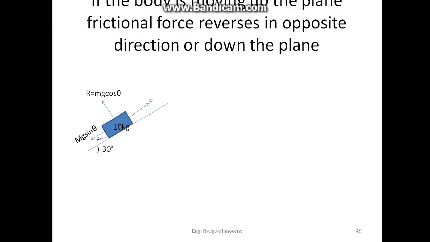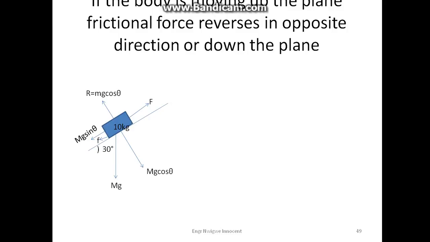The reaction on the plane is mg cos theta, and the weight of the body is mg.